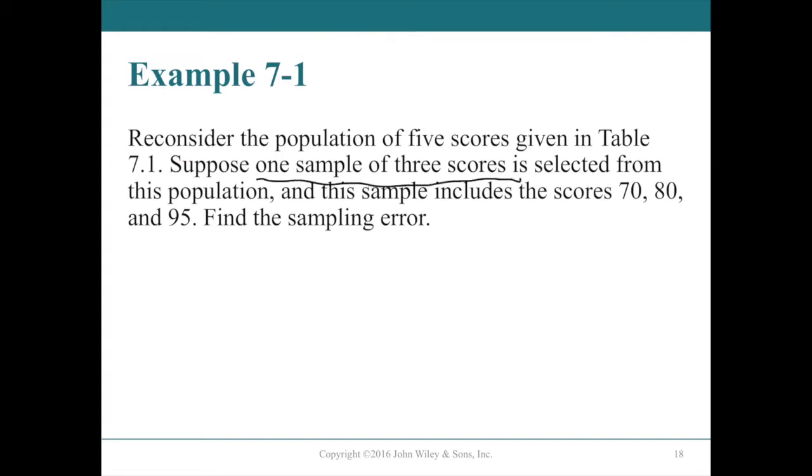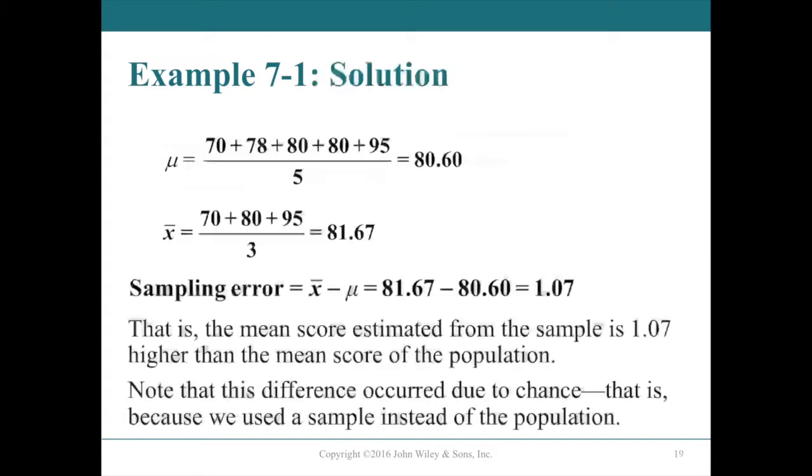Reconsider the population of 5 scores given in the table. So suppose one sample of 3 scores is selected. So we just did this, and the sample includes this particular 70, 80, and 95. Okay, so the true mean, which we find out later, is 80.6.